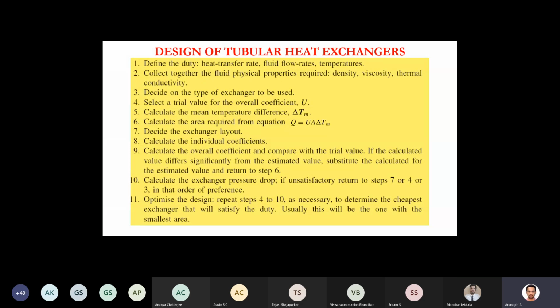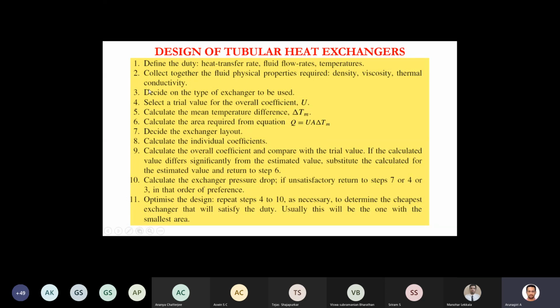Mostly we will see the tubular heat exchanger design here. Then I will try to take some others, like the flat plate heat exchanger or heat exchanger in an agitated vessel. These are all things we will discuss if time permits. Okay. So design of tubular heat exchanger.